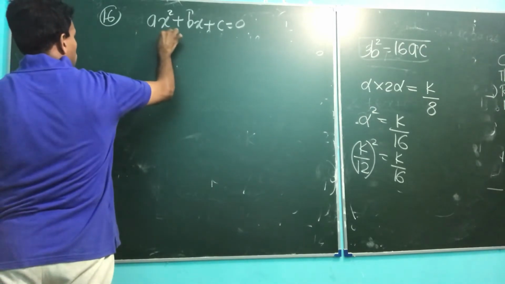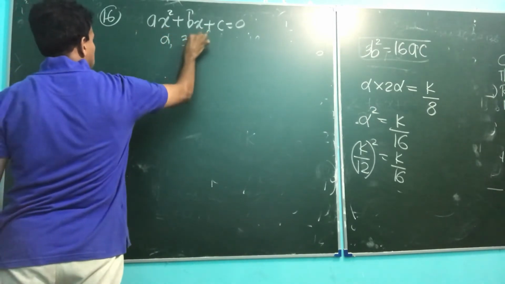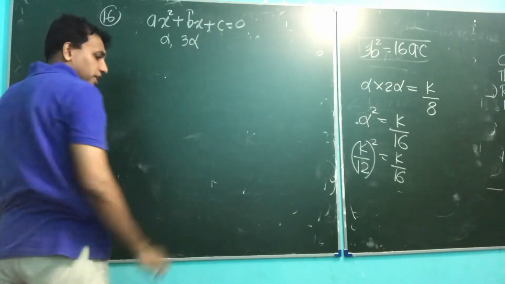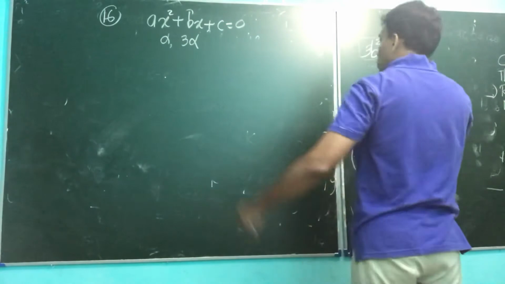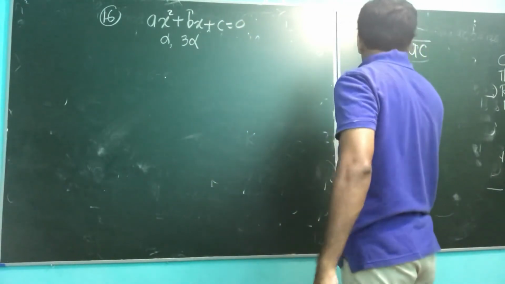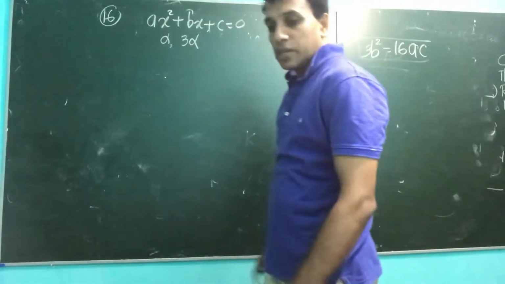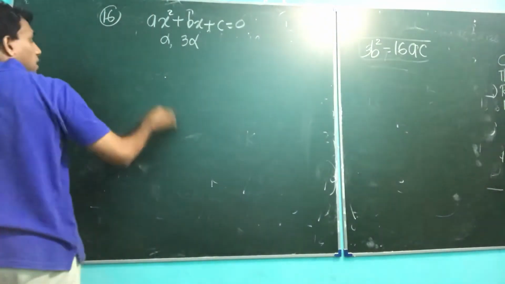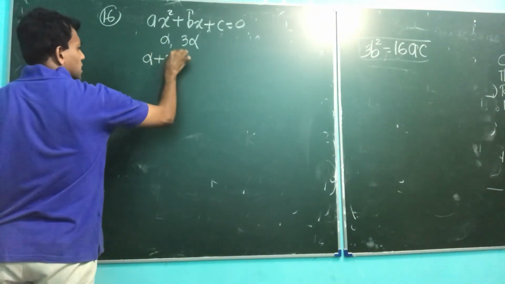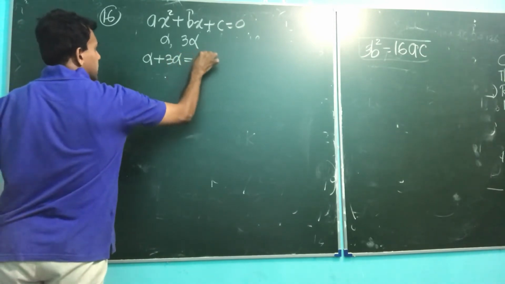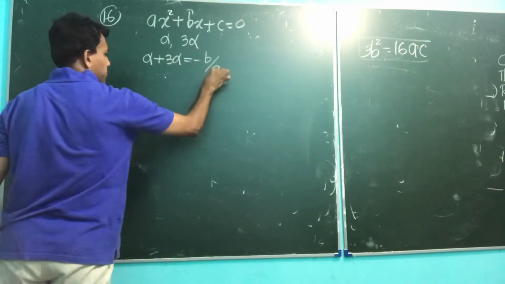Then go to the value of alpha. Therefore you have to find alpha. Whatever new term you introduce in the problem, you can't keep it at the end. You will remove that alpha. So one is alpha, the other is 3 alpha. Therefore the sum of roots is minus b over a.